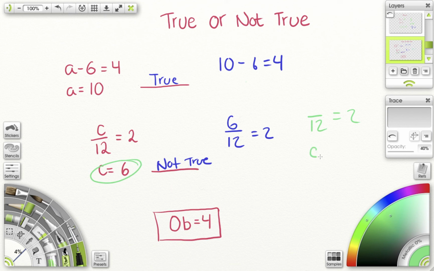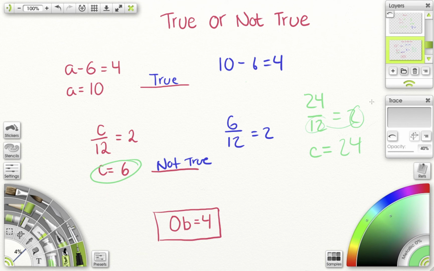So instead of c equals 6, something divided by 12 equals 2. To figure that out, I can just do my opposite operation. So I can just do 12 times 2. 12 times 2 equals 24. So if I plug in 24 divided by 12, that equals 2.